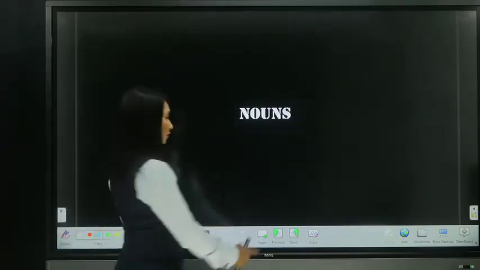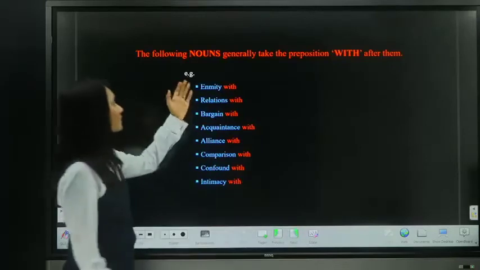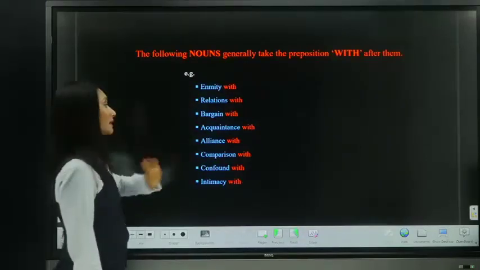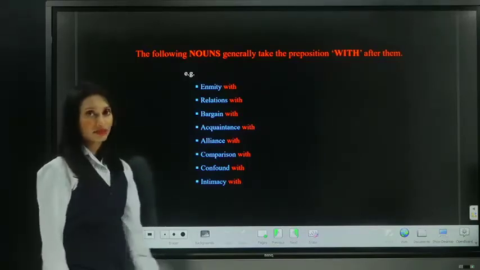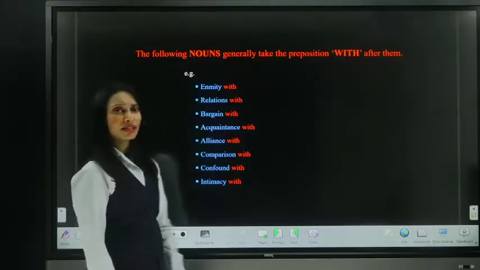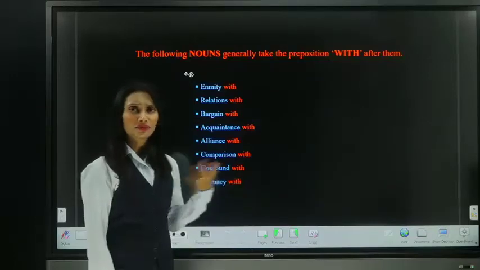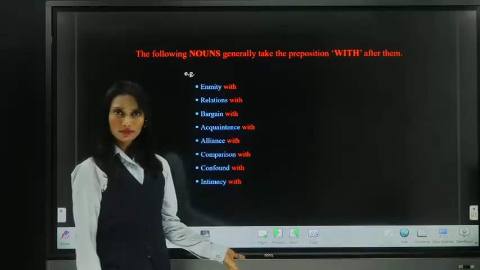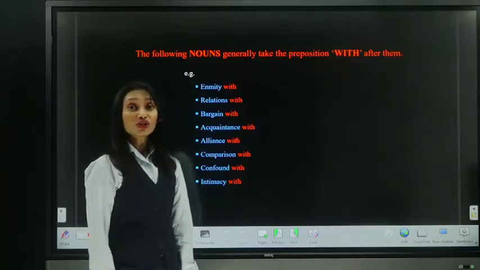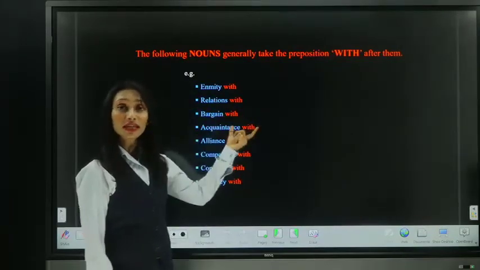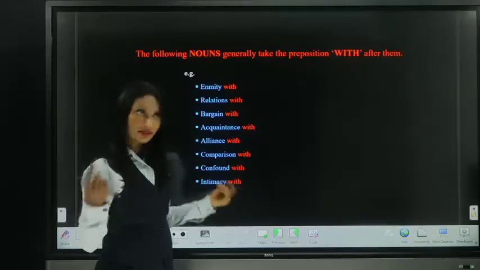So what are those? Look at this one. Enmity with, relations with, bargain with, acquaintance with, alliance with, comparison with, confound with, intimacy with. For example, enmity with: India has enmity with Pakistan. Relations with: Every country should maintain good relations with neighboring countries.